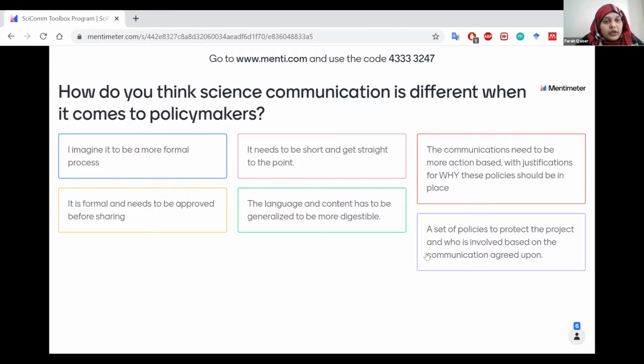It is formal and needs to be approved before sharing. The language and content has to be generalized to be more digestible. A set of policies to protect the project and who is involved based on the communication agreed upon. And the last one is, it is more subjective. So those are all very interesting.